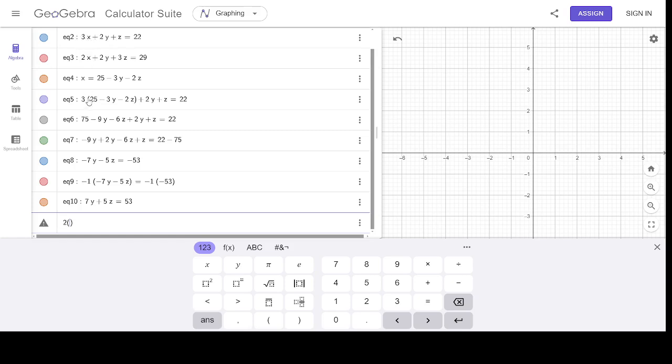So we say 2 in bracket, 25 minus 3y minus 2z. Basically what we've done is substitute the value of x with this expression here.